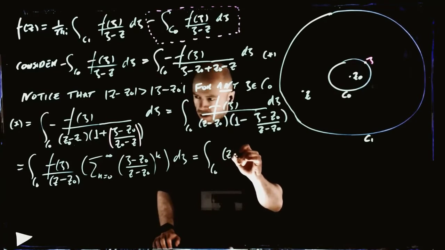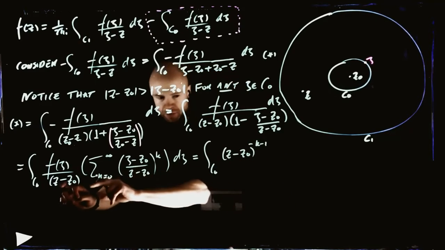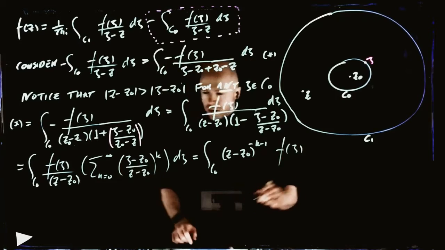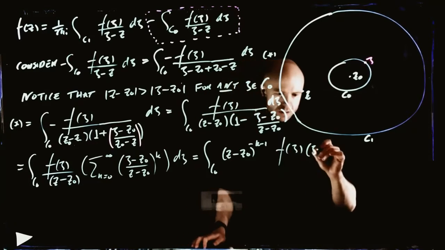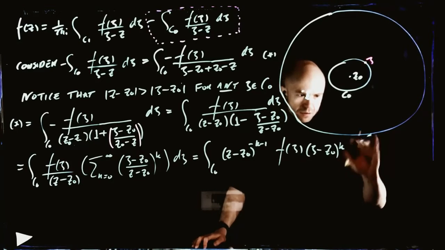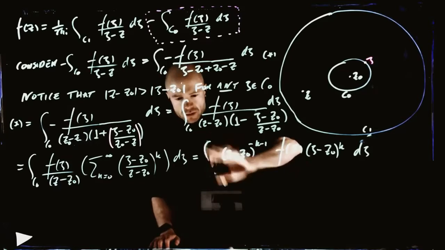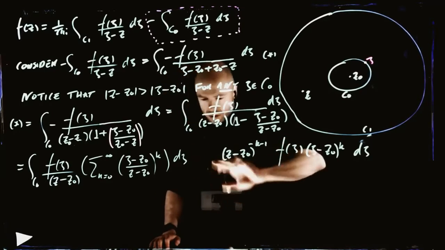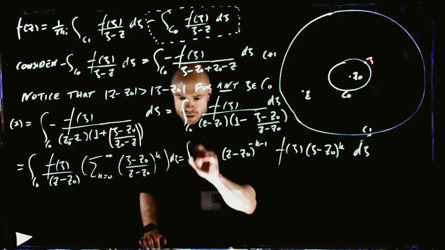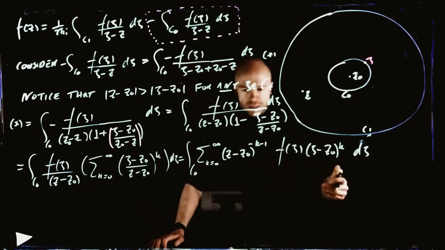So we're going to have z minus z0 to the power of minus k minus 1, from this thing and from this thing. And then we have f of zeta, and then zeta minus z0 to the k. And then this thing is integrated with respect to zeta. Oh, I forgot the summation signs. So let's do that again, this thing. And then we have the sum from k equals 0 to infinity, and then this whole expression like this.